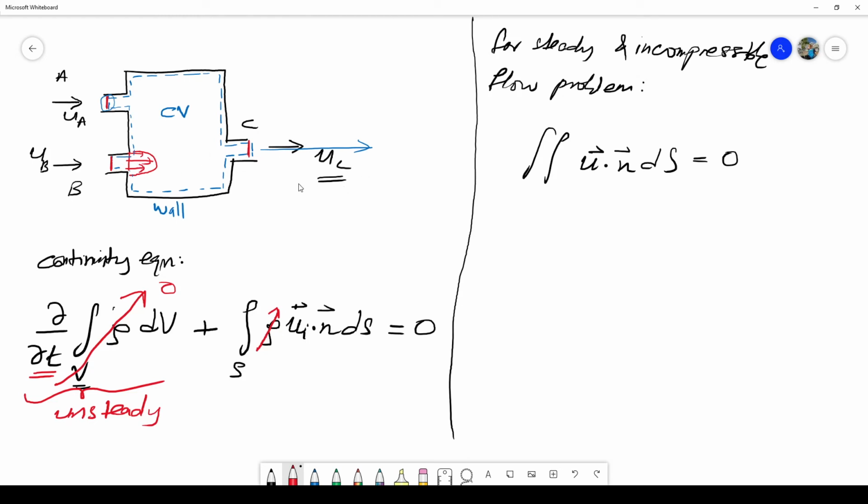So now we have three surfaces, and then the other surface, which represents the wall of our container. So in total we have four surfaces: two inlets, one outlet, and one which represents the wall. So this equation should be integrated over these four surfaces.